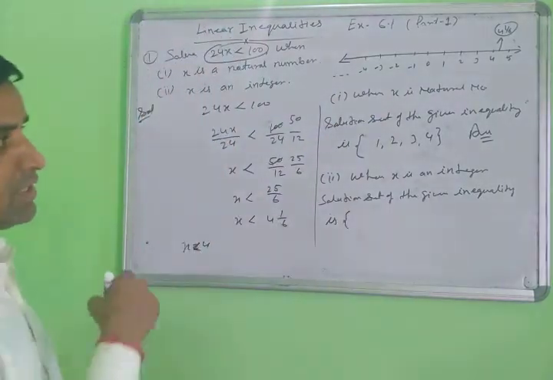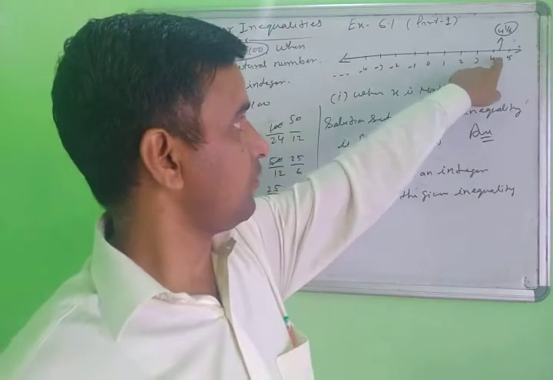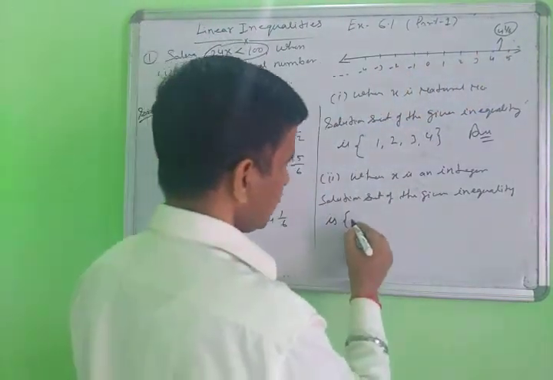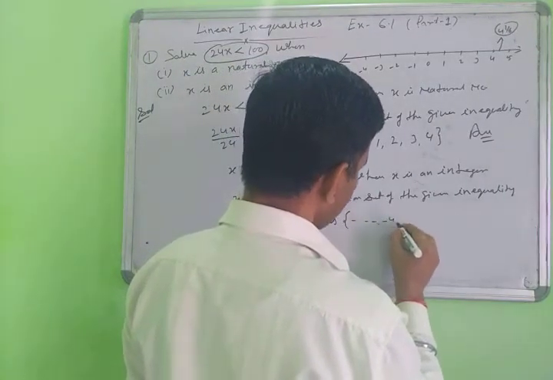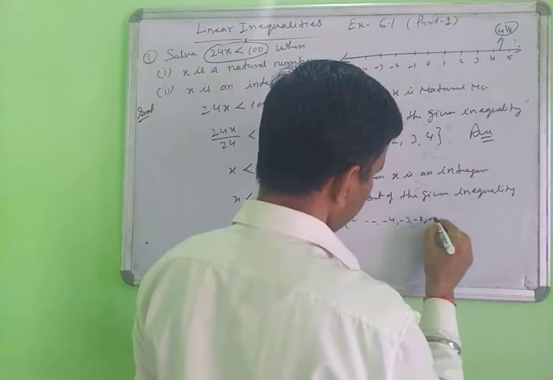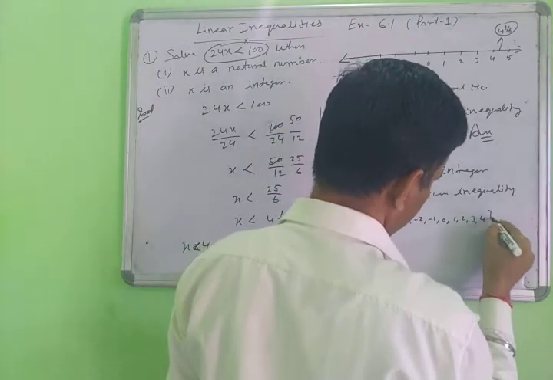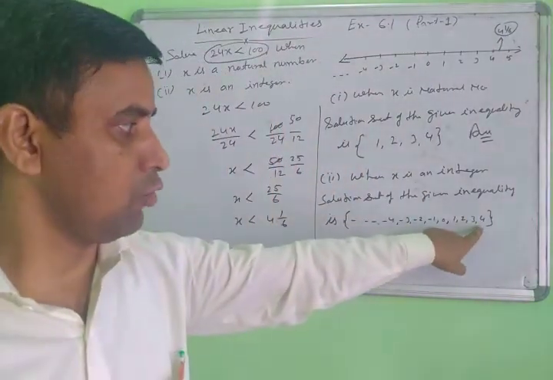Every number less than 4 1 by 6 is included: dash dash dash, minus 4, minus 3, minus 2, minus 1, 0, 1, 2, 3, 4. 4 will be counted here.